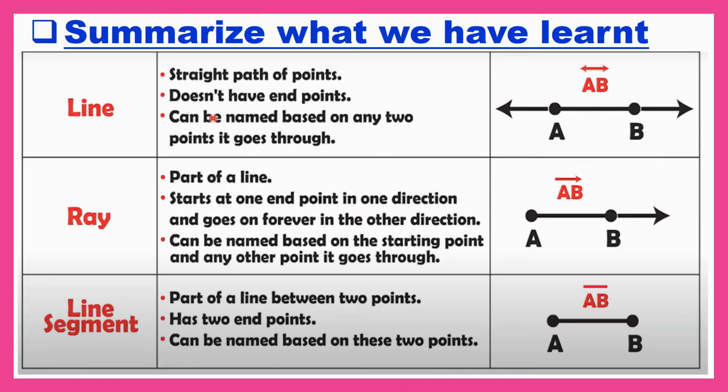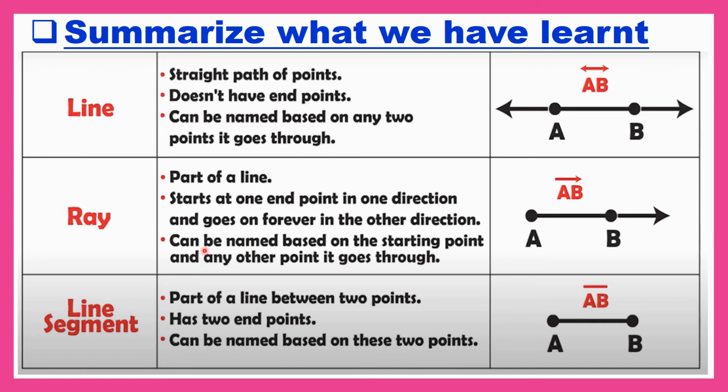Now let us summarize what we have learned in this topic. First point, line: straight path of points. It doesn't have endpoints. It can be named based on any 2 points it goes through. This will be read as line AB. Second point, ray: part of a line. It starts at one endpoint in one direction and goes on forever in the other direction.